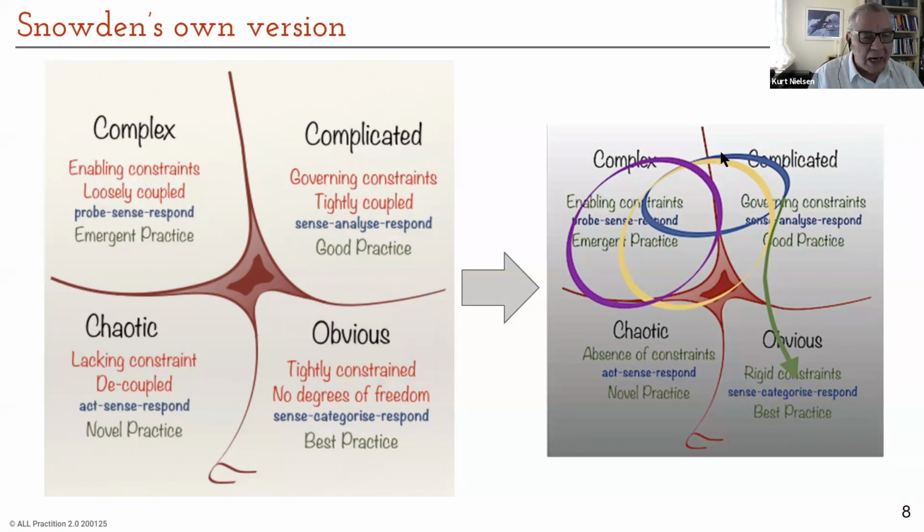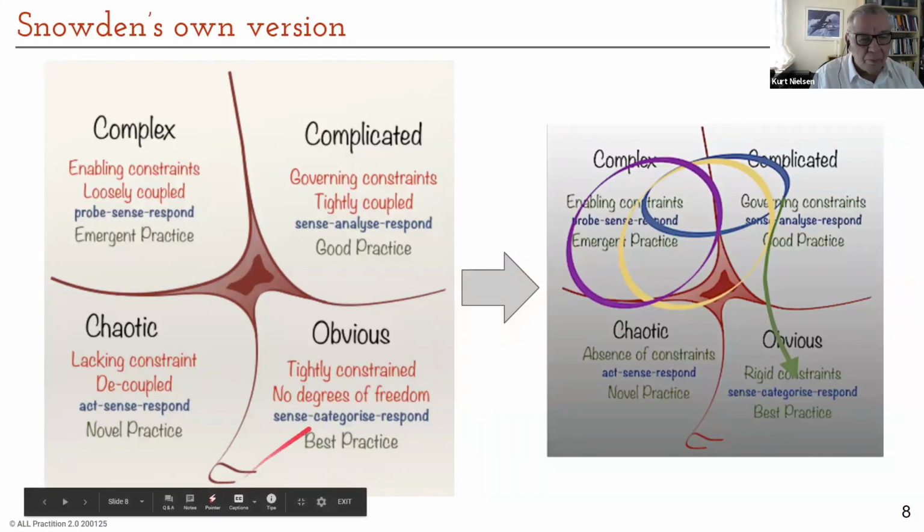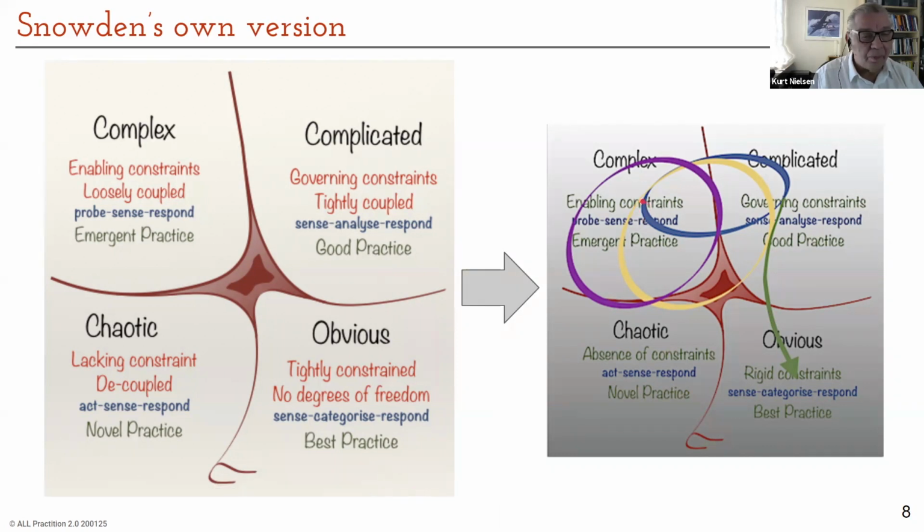So we get a challenge. A customer may ask us for something completely new, and we don't know what to do about it, and we experiment and we build up knowledge, and gradually we move over here, and now we know, and now we can really deal with it. To the left, we have exploration, and to the right, we have exploitation.